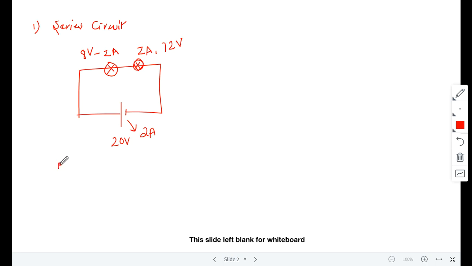Now you tell me, I've told you the definition. So what's the definition of resistance? What's a resistance? It's like what opposes the flow of electric current.